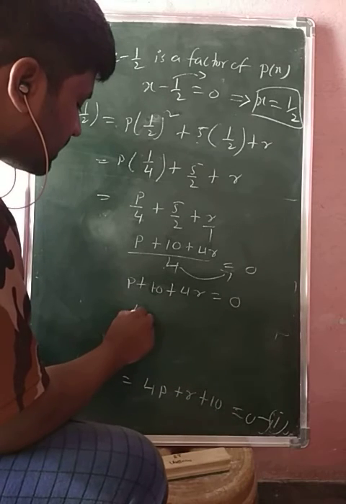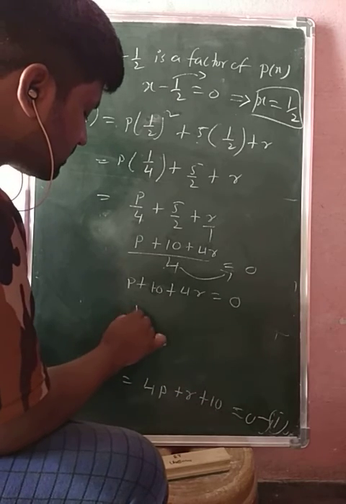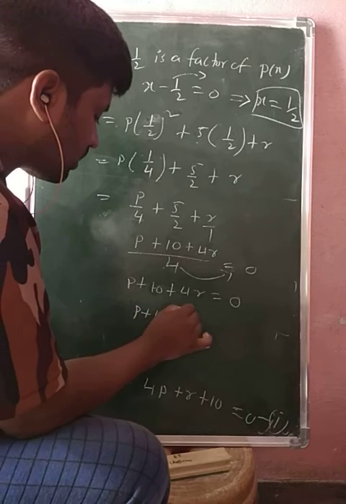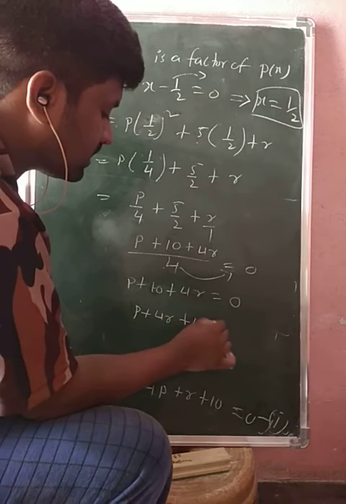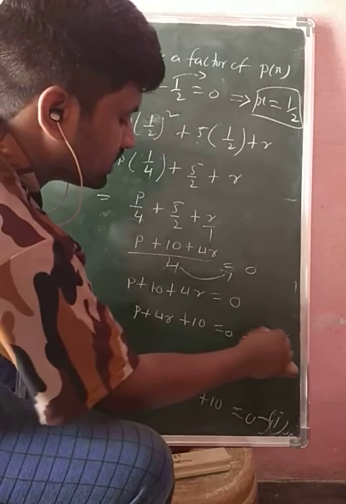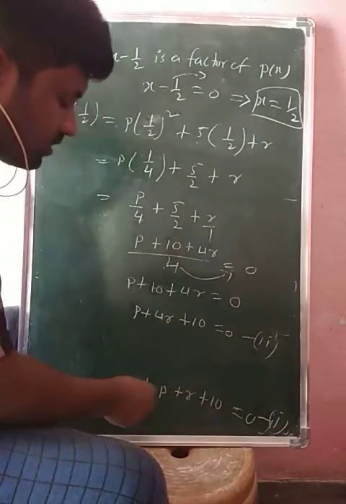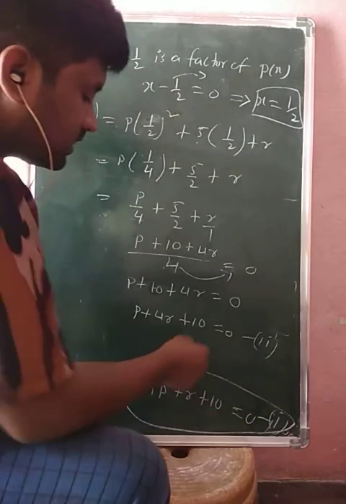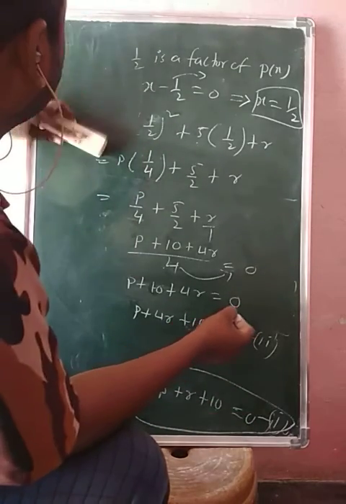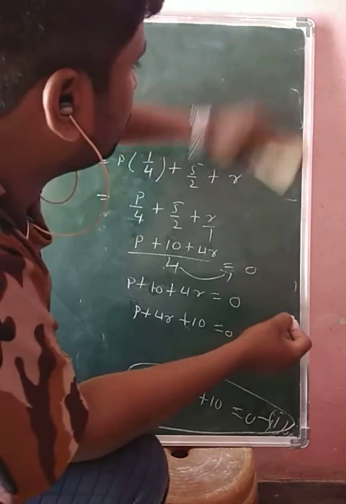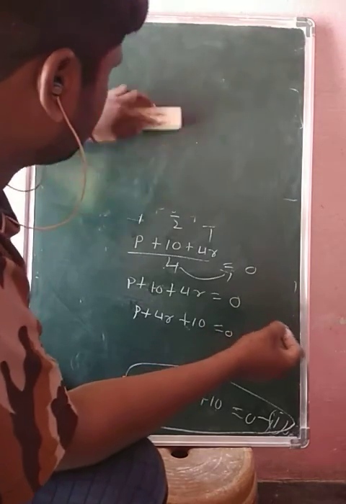So clearly we get p plus 4r plus 10 is equal to 0. So this is the second equation. By observing, this is the first equation and this is the second equation. Both are factors now.